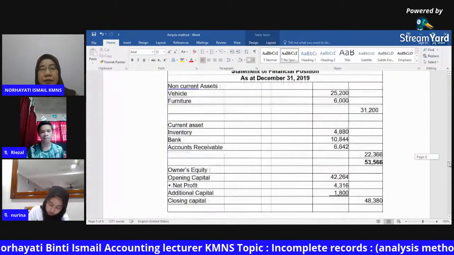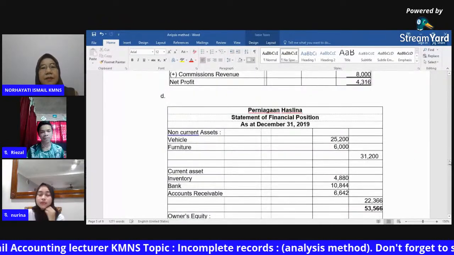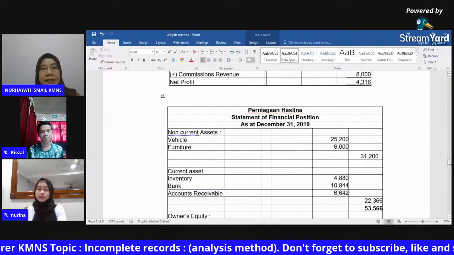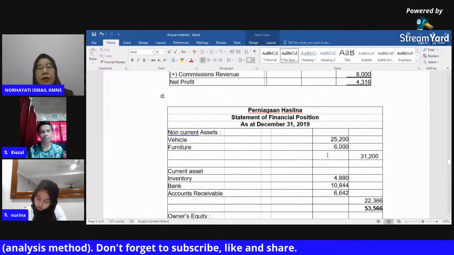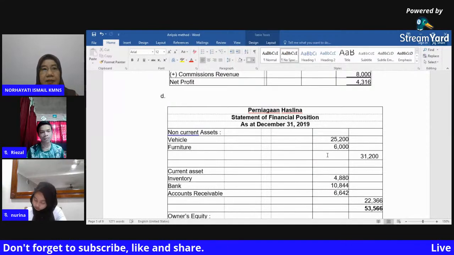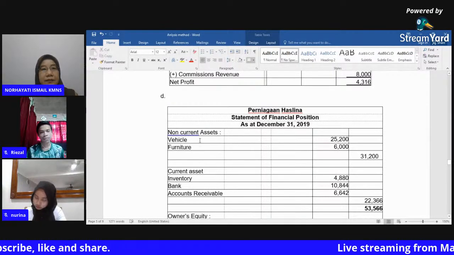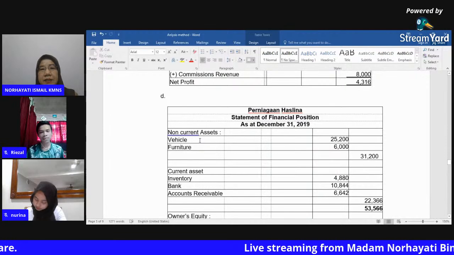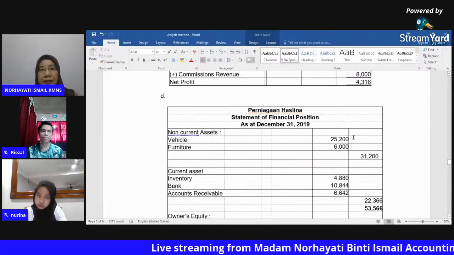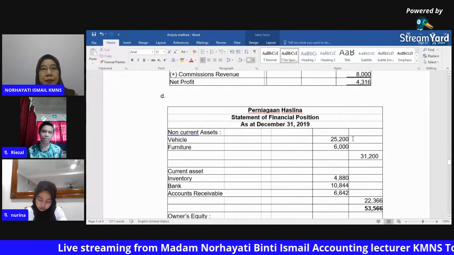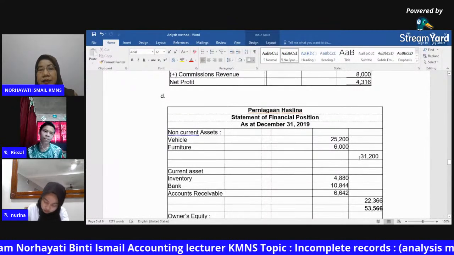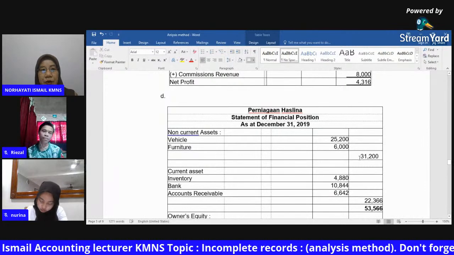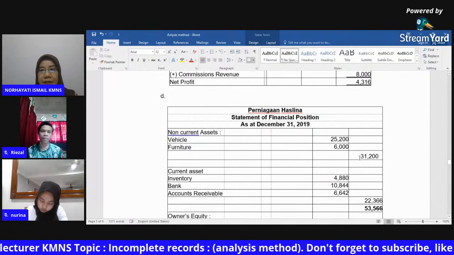Okay, so you must take all the balances from assets, liabilities, balance carried forward, or the ending balance. So non-current asset, vehicle, furniture, vehicle 25,200, furniture 6,000, and you got the total 1,200 for non-current asset.